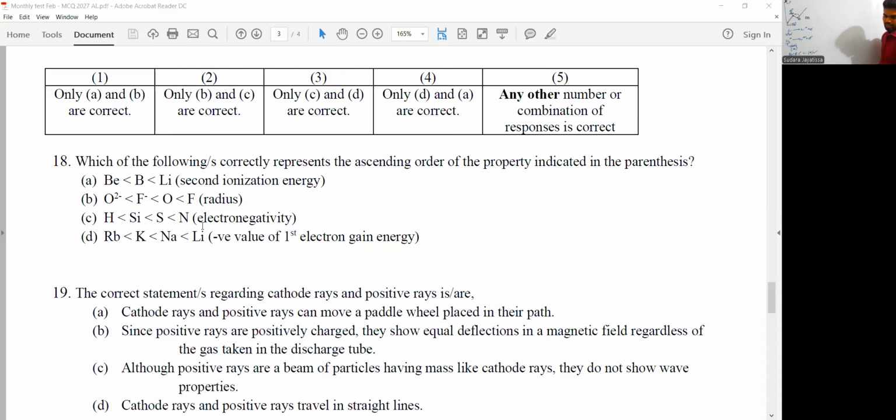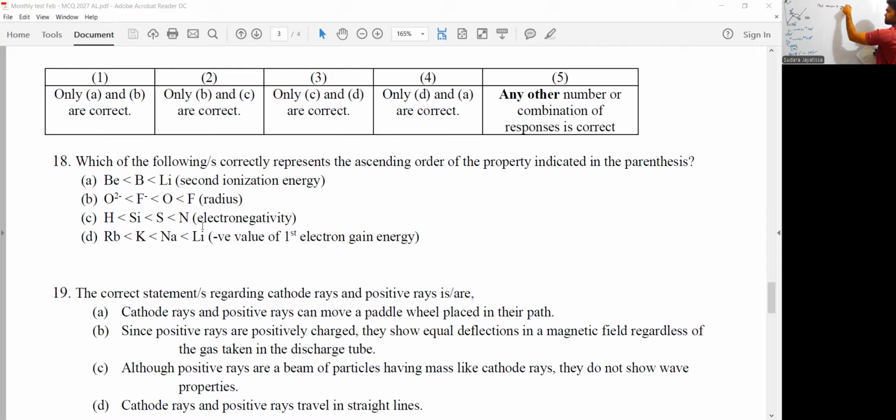Then look at the next one, radius. This is one of my favorite points. This was asked in the 2020 level MCQ also. So remember, anion radii are larger than neutral atoms.